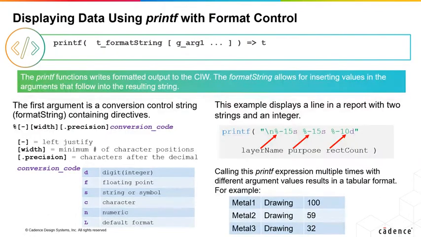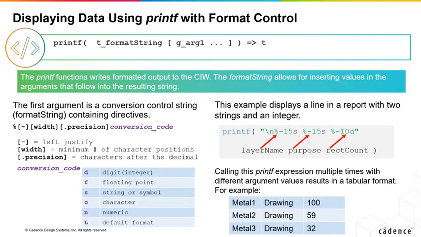So as an alternative to the print and println functions, which simply use the default format of the data they are printing, we can control the format of how the output looks with a function called printf, which is short for print formatted. Here, for example, we see the syntax printf, and then in a set of parentheses, the first thing we see is the control string.